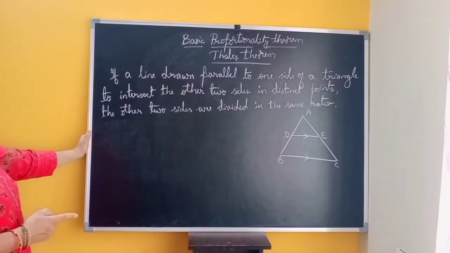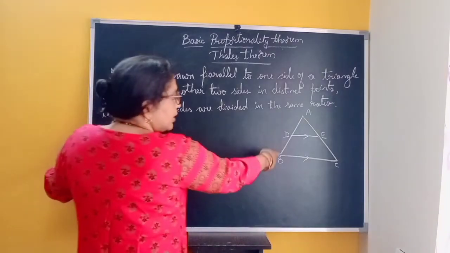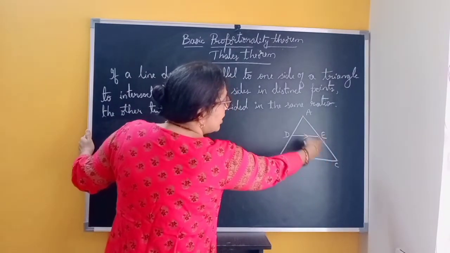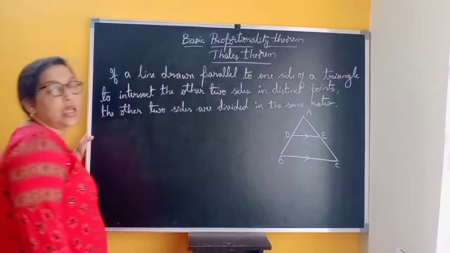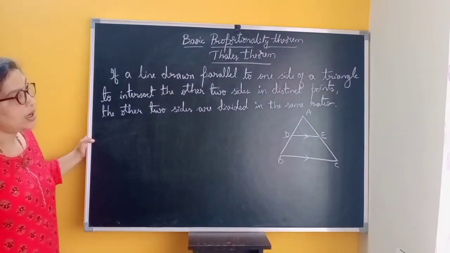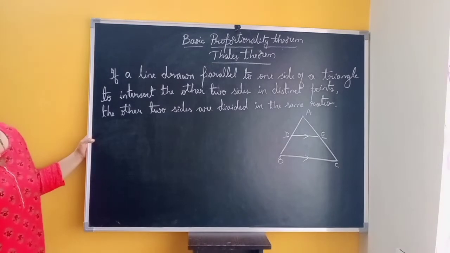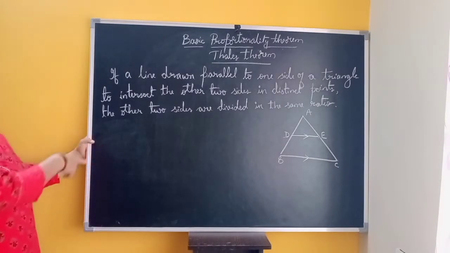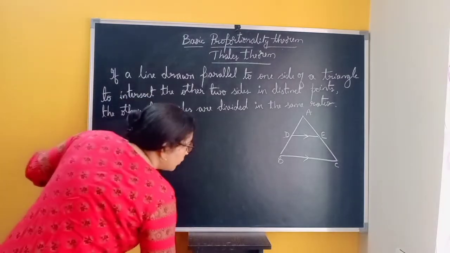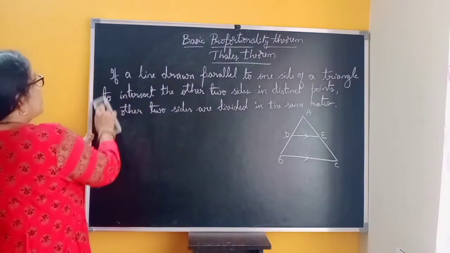We need to prove that the other two sides, AB and AC, are divided in the same ratio. Now let us write what is given and what to prove first. Then we will prove it.